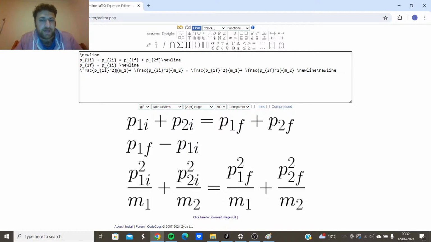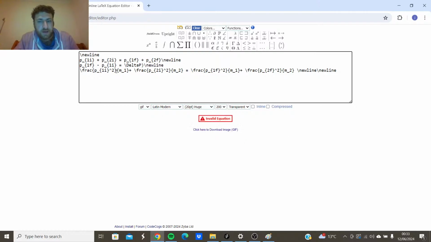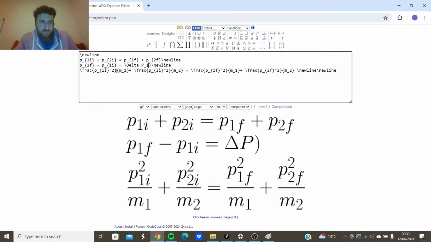That is going to be equal to the negative of the difference between the other ones, and that is going to be our delta P, our change in momentum for number 1. And we also have a change in momentum for number 2, and this is also known as our impulse.